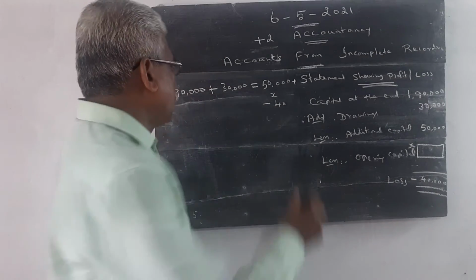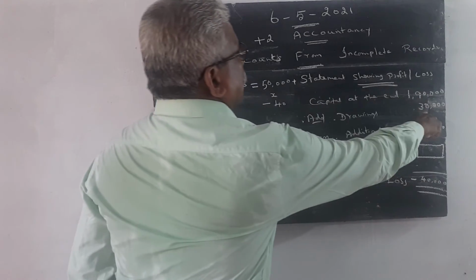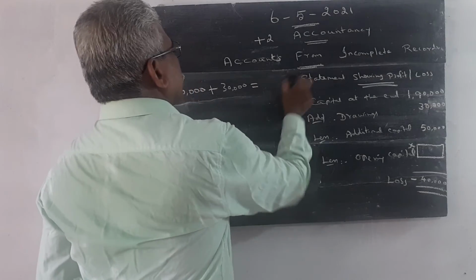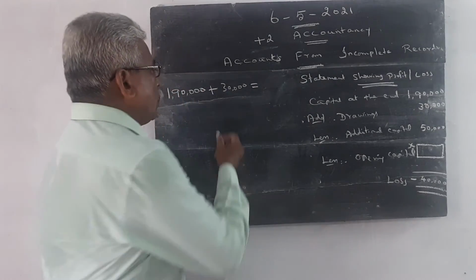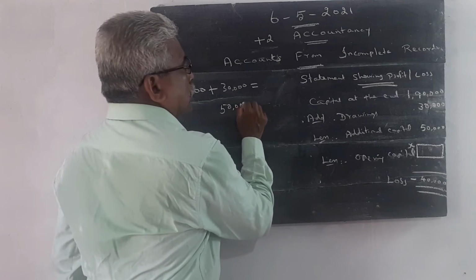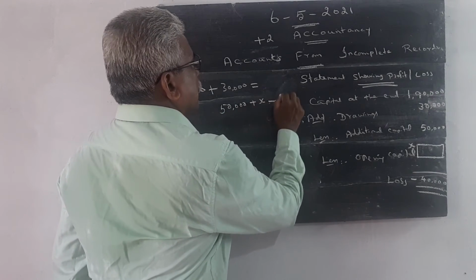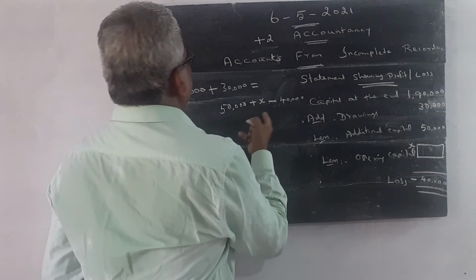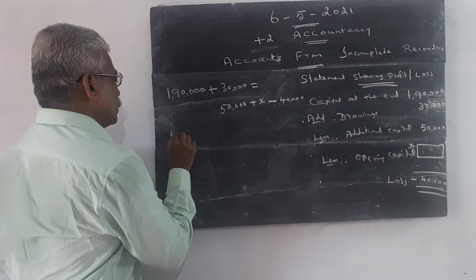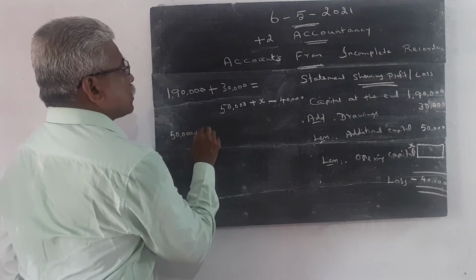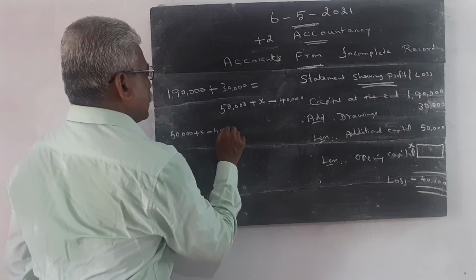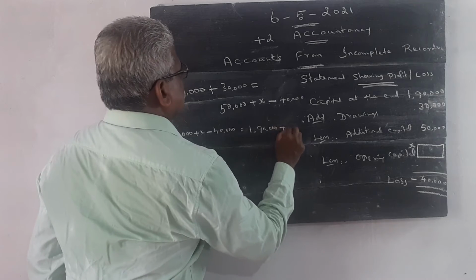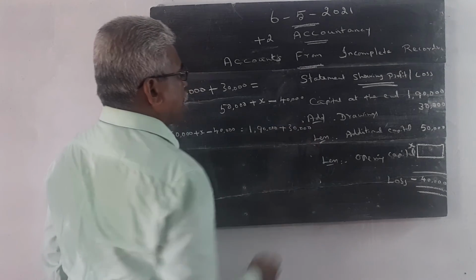Once again, 1,90,000 plus 30,000 minus 50,000 minus x is equal to minus 40,000. We have to calculate the value of x. So we have to do it in this way.